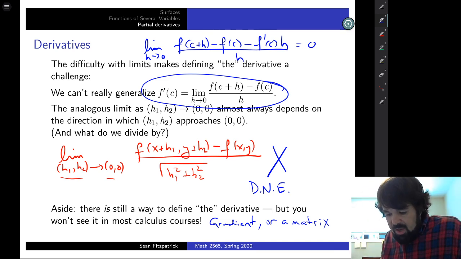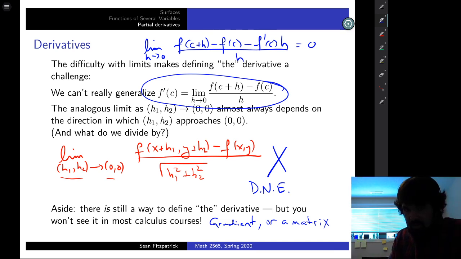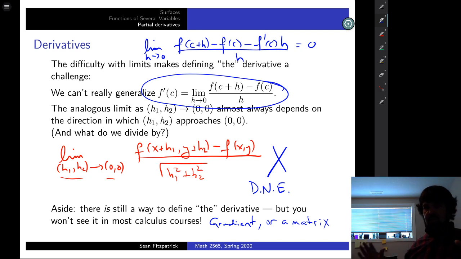And the way you kind of understand this, if you've done linear algebra, I know not everyone has, is you think of the derivative as sort of like the best possible linear approximation. And so if you're thinking about a function that goes between like R3 to R4 or something like that, between different spaces, and you say, well, what should be the best linear approximation to a function?